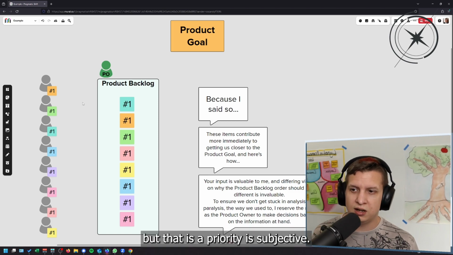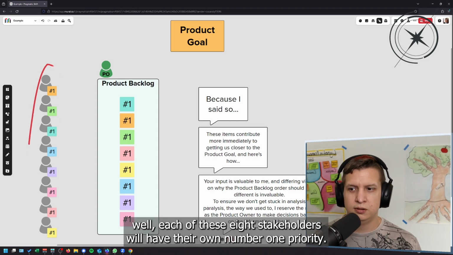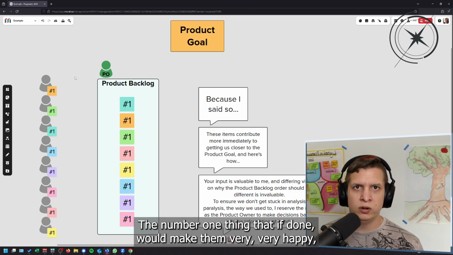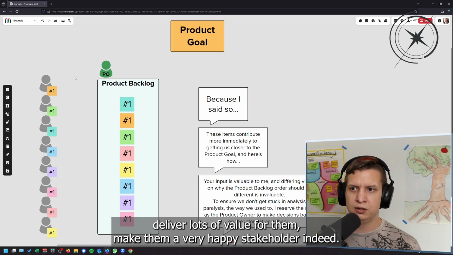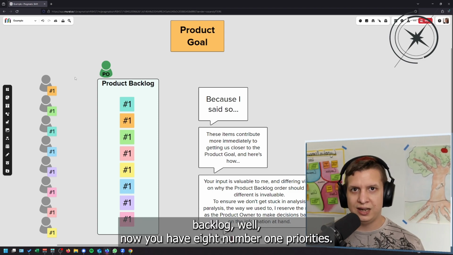But the idea is that priority is subjective. If you have, in this instance, 8 stakeholders, each of these 8 stakeholders will have their own number one priority. The number one thing that, if done, would make them very, very happy, deliver lots of value for them, and make them a very happy stakeholder indeed. When you put all of their number one priorities into the product backlog, now you have 8 number one priorities.